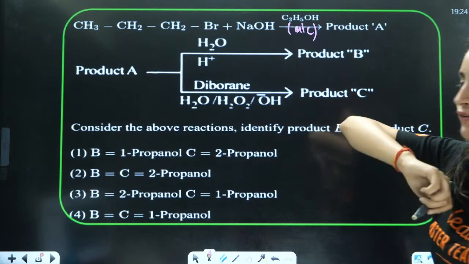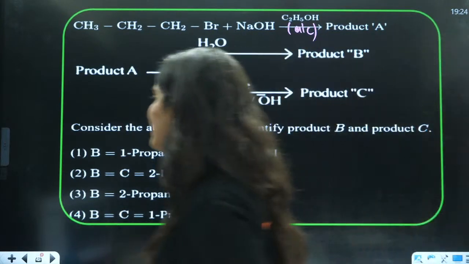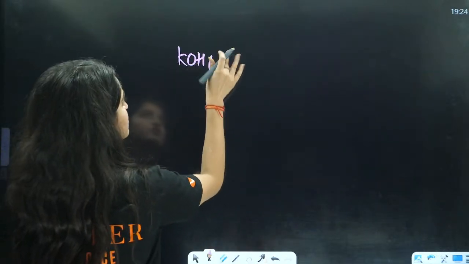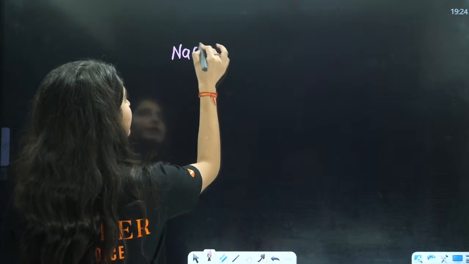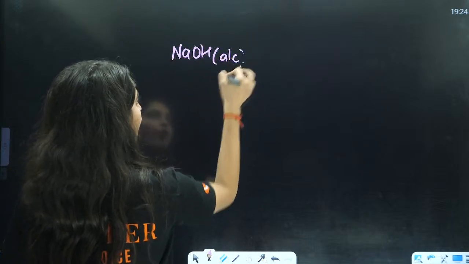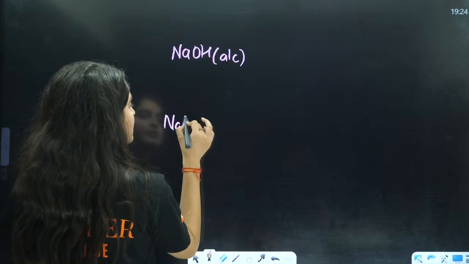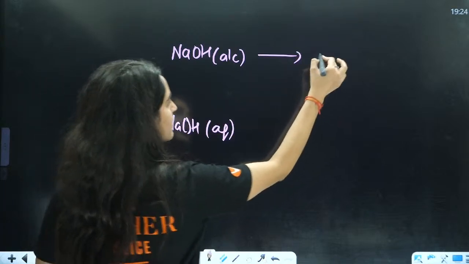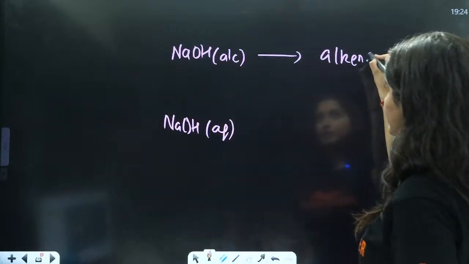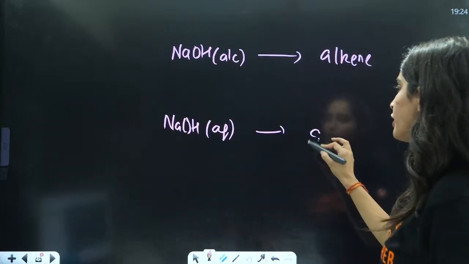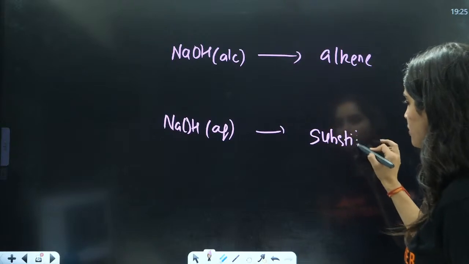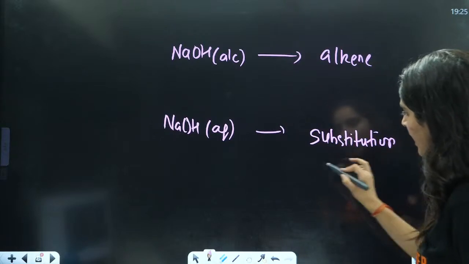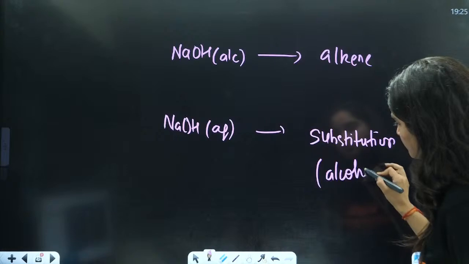Alcoholic base they have given you. So I told you one thing: when you have KOH or NaOH in presence of alcohol, or NaOH in presence of water, this will give you alkene and this will give you substitution, and they will give you alcohol.